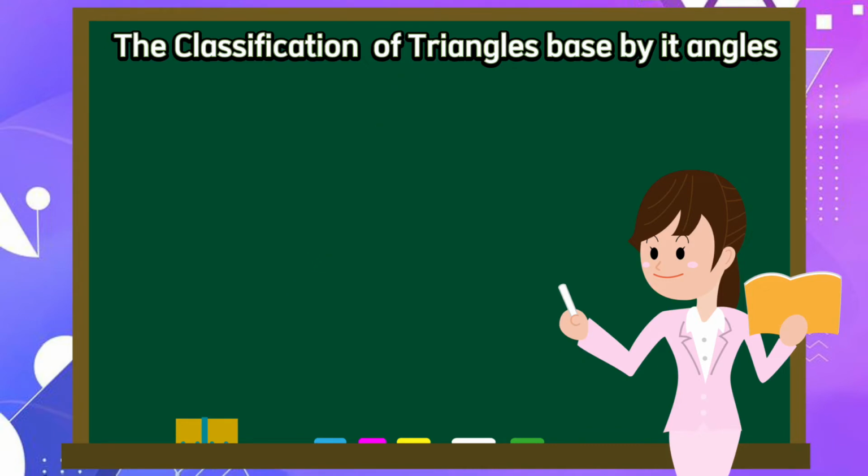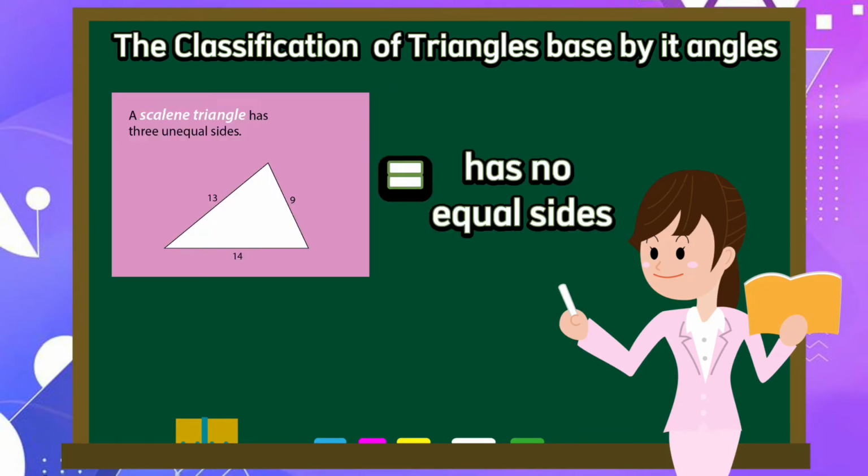Lastly, we have the scalene triangle. A scalene triangle is a type of triangle in which all three sides have different measures. This is different from the two triangles we have talked about. When we talk about an equilateral triangle, the three sides are equal.